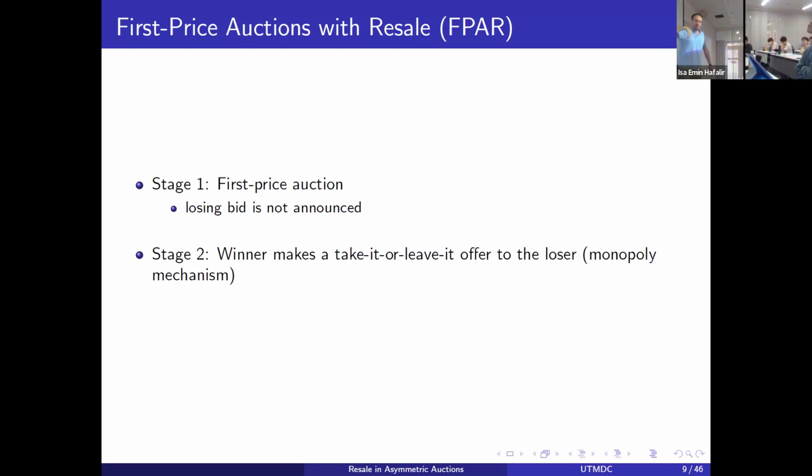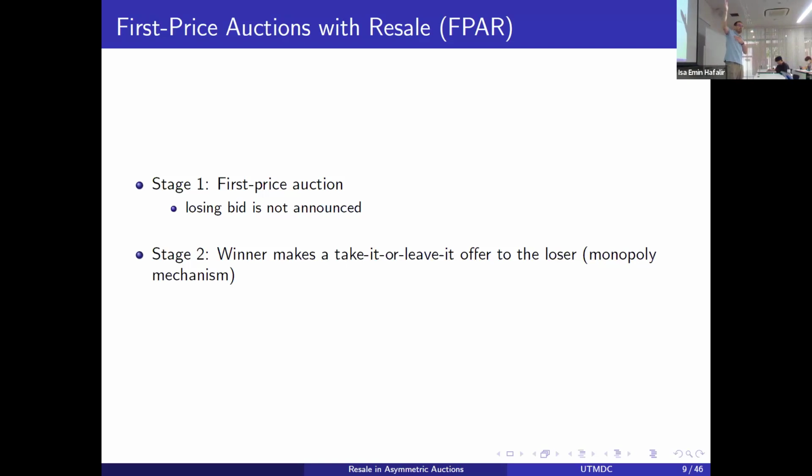So when the losing bid is not announced, in stage 2 there should be some kind of resale mechanism, and the main mechanism that we focus on in the main body of the paper is that the winner makes a take-it-or-leave-it offer. Let's say that I'm the winner, and there is incomplete information. On the equilibrium path, I will have some beliefs about my opponent's values.